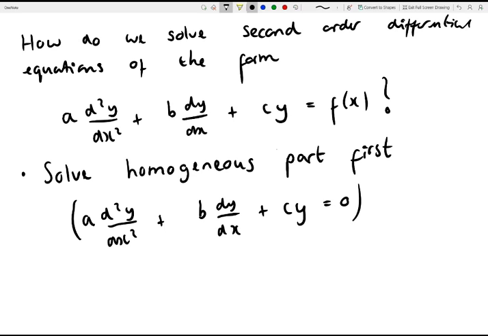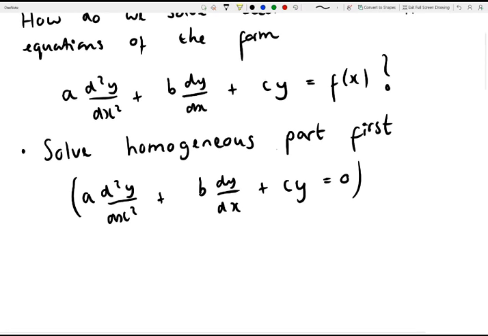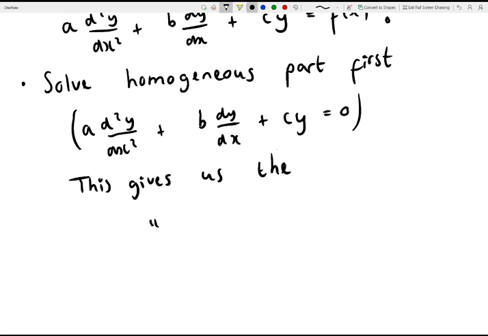It's the same left-hand side as the general form above. The function of x is just 0. And this will give us what we call the complementary function.